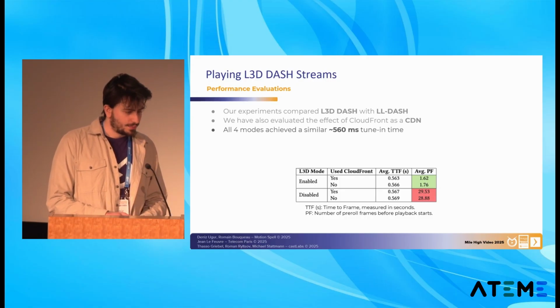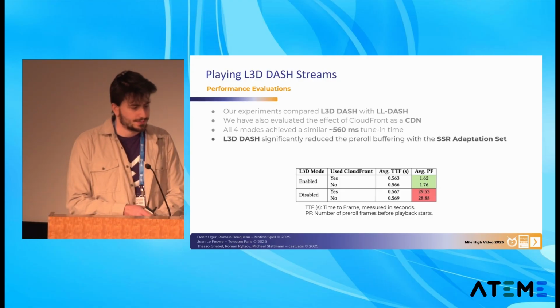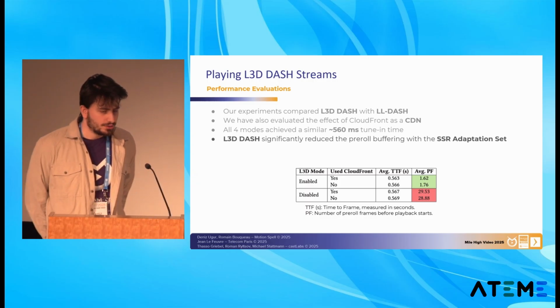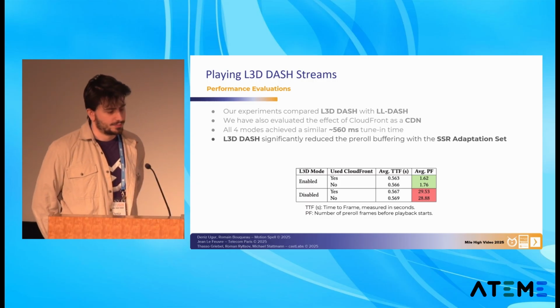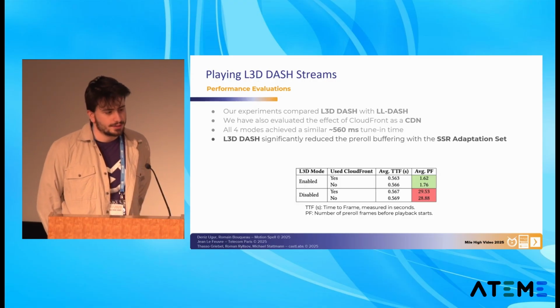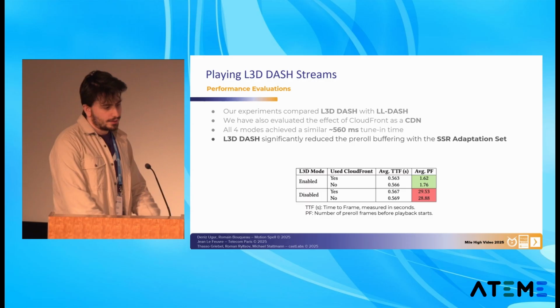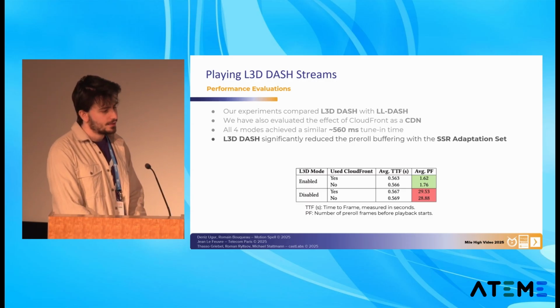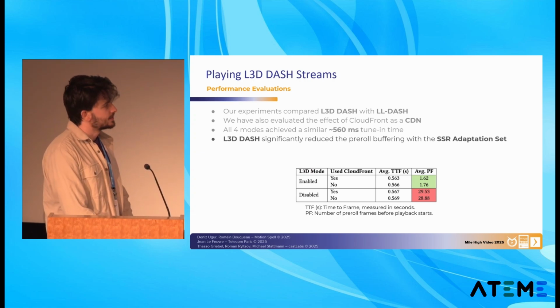But the most important part here is the pre-roll buffers. So with low latency DASH, L3D DASH, you don't need too many pre-roll frames, because you're already starting from an IDR and can switch to the much more efficient segment at the segment boundary. So you don't need to start from the previously rendered frames.